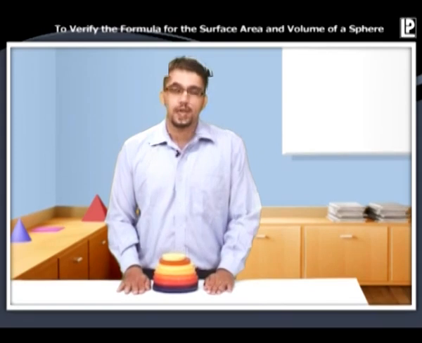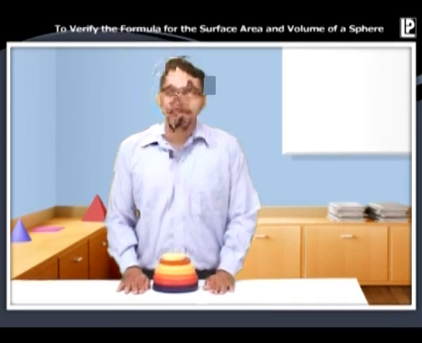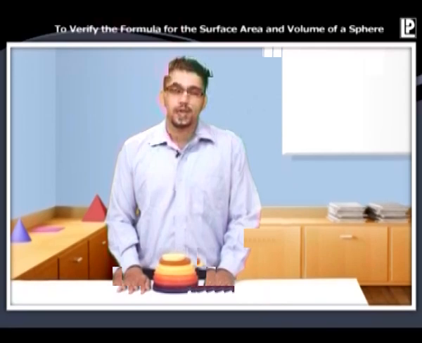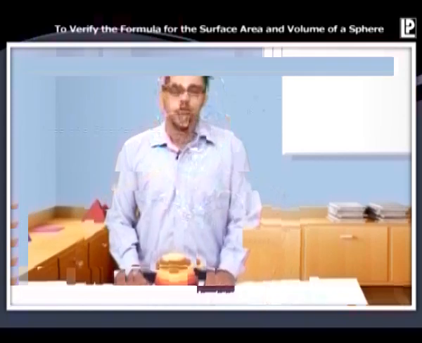Let's do a little calculation to find out the area of this hemisphere. We have tabulated our observations. Let's have a look at that. We know that the formula to calculate the area of a circular disc is S equals radius into 2 pi into thickness of the disc. We also know that the thickness of all the circular discs is the same, which is 1 cm.